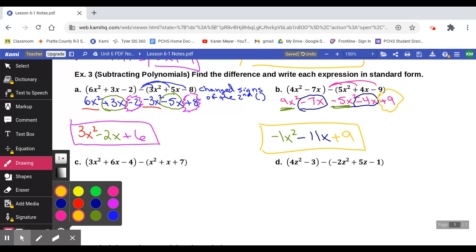Now, in front of the x squared, you could write negative 1x squared, or if you wanted, you could go just negative x squared because it's understood to be a 1. So either way is acceptable.